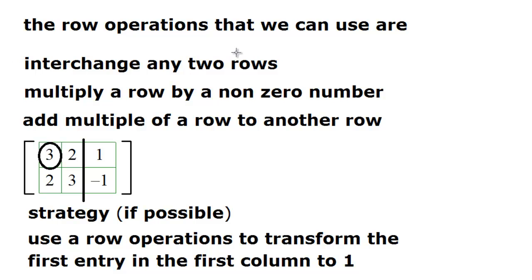So if we look at it, we cannot interchange these two because this is not a 1. So that doesn't work. We can use this because we can multiply a row by a non-zero number. So multiplying the first row by 1/3 will do the job, but that's going to give us fractions, and nothing wrong with fractions, but let's see if we can avoid them. So we are discarding it for the moment.